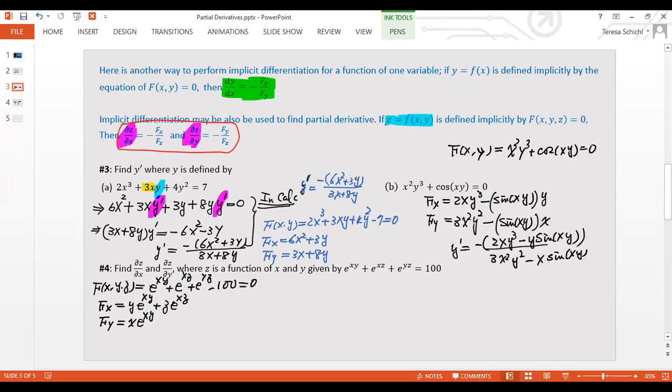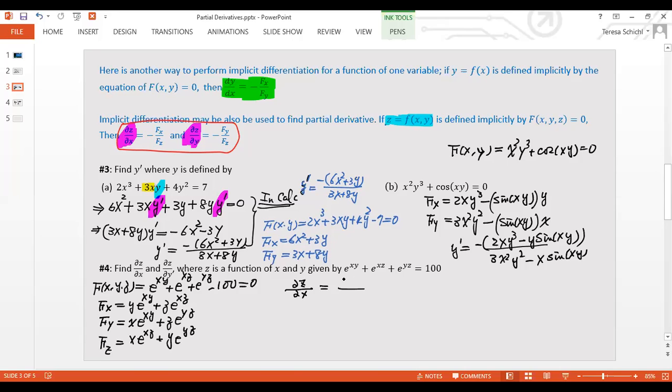This term is equal to 0. Then plus z e to the yz, right? Then I have F of z, the partial for z. The first term disappears. The second term will be x e to the xz plus y e to the yz, right? So it's pretty straightforward. Okay, now I want to find ∂z/∂x here. If you want to find ∂z/∂x, it will just be what?